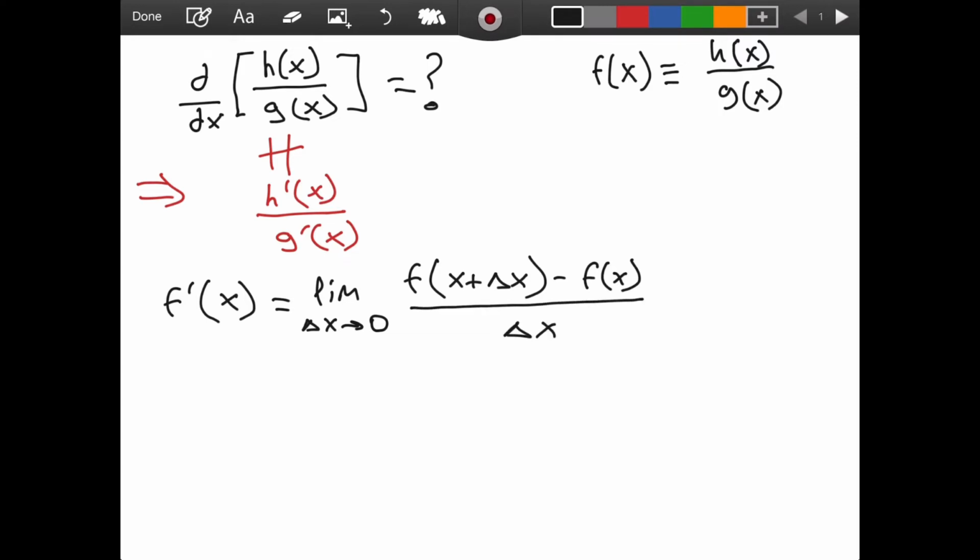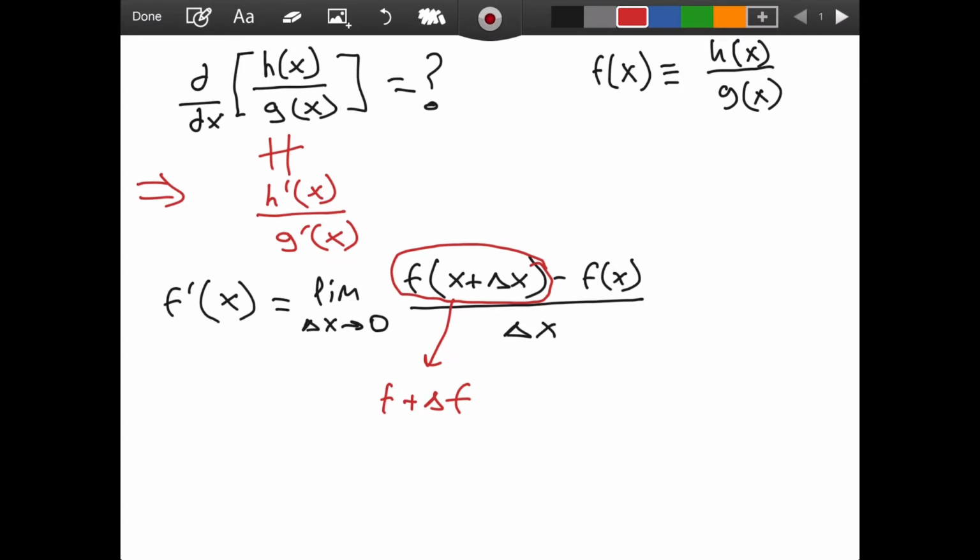Alright? Now, if we look at this term, f of x plus delta x, this is simply meaning that we were at an initial f value, and due to the change in our x, we ended up at another f. So we had a change in our f, which is delta f.